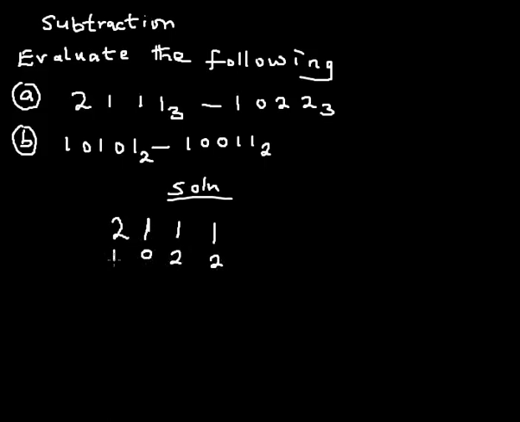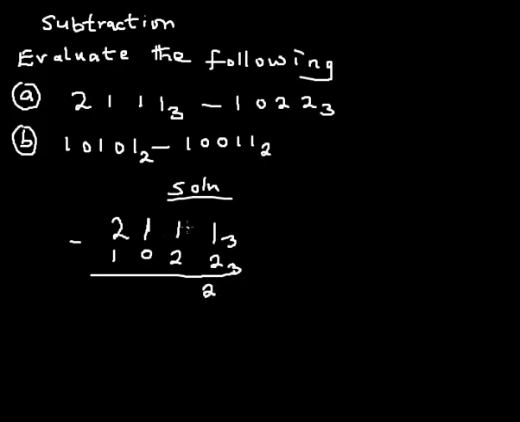Now this subtraction will be 1 minus 2, which can't go, so I have to borrow. Since I'm working in base 3, if I borrow from the next digit, I'll borrow it as 3. So I borrow 1 as 3, add it to this, that makes it 4. 4 minus 2 gives me 2.